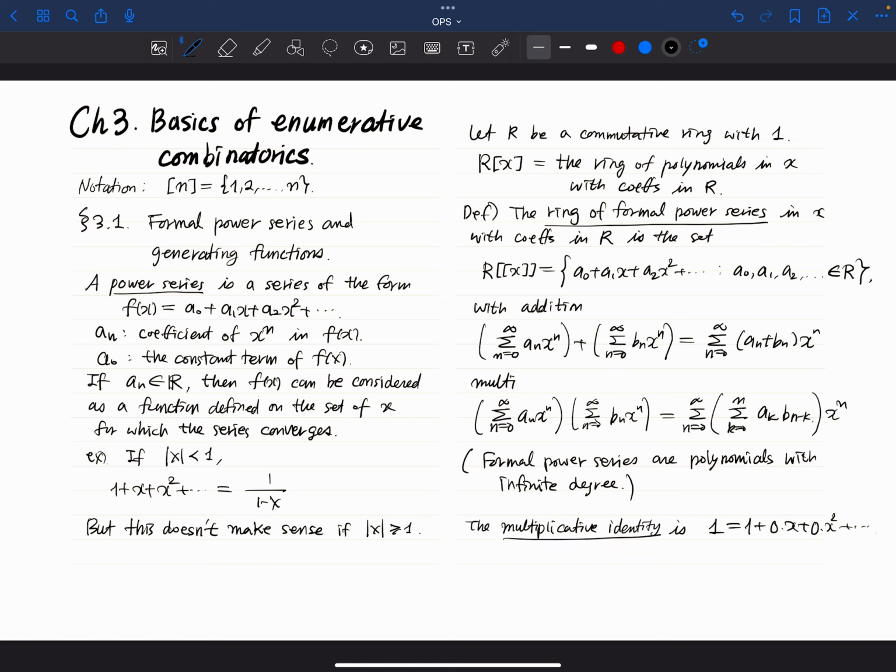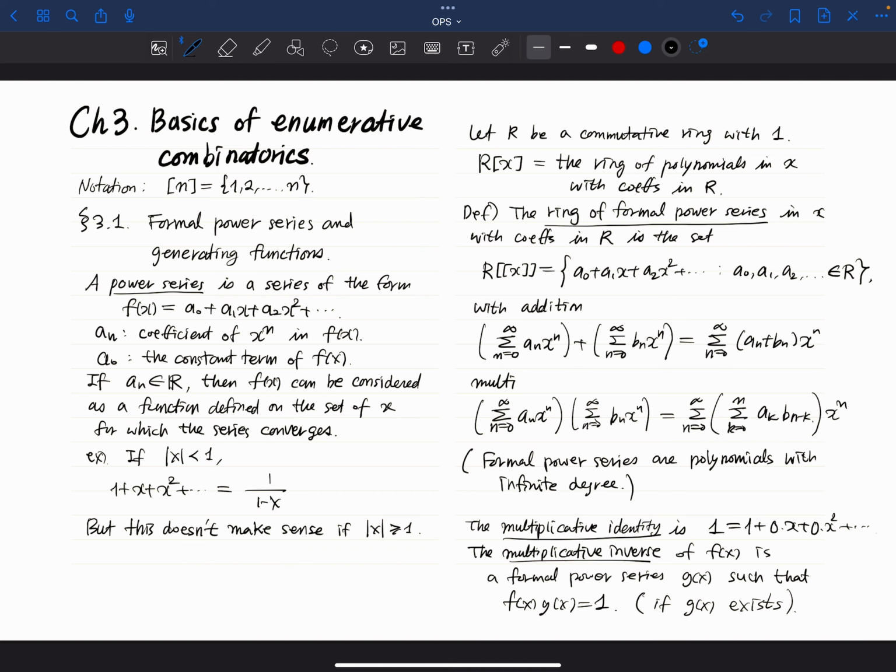So the multiplicative inverse of a formal power series f(x) is another formal power series g(x) such that f(x)g(x) equals 1. And of course, this is defined if such g(x) exists.